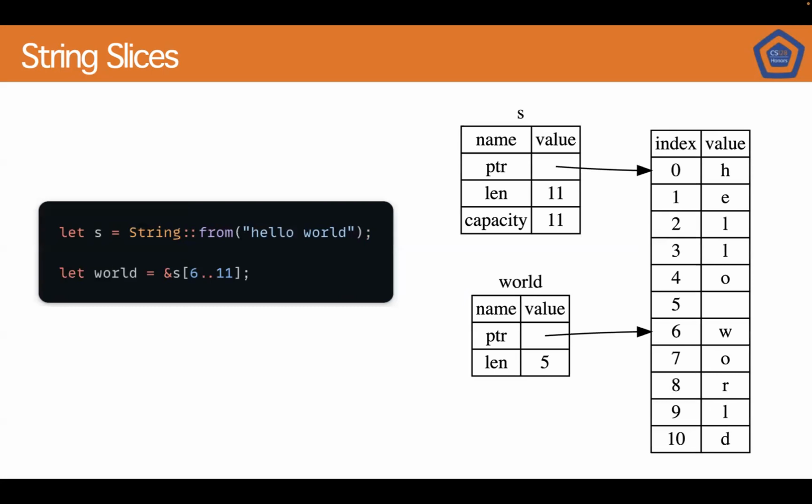Internally, the slice data structure stores the starting position and also the length of the slice, which corresponds to the ending index minus the starting index. So in this case, world would be a slice that contains a pointer to the byte at index 6, and it'll also have a length of value 5.